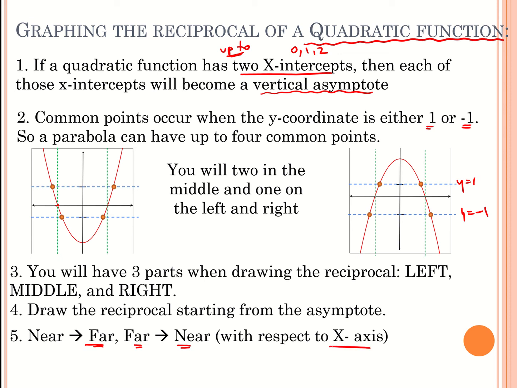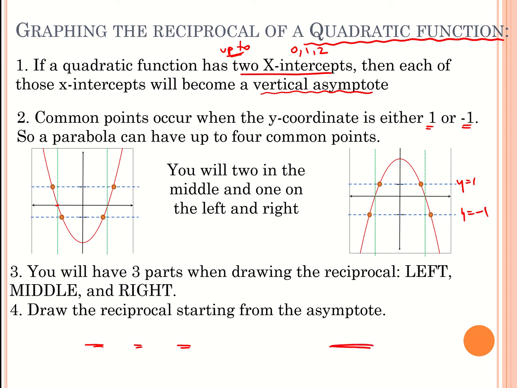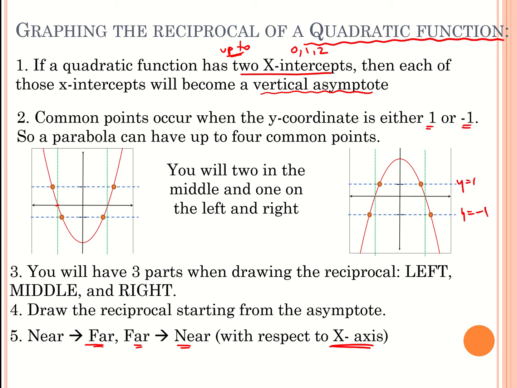And again, remember, it's with respect to the x-axis, okay? So what you end up getting is, you see how the left side here is going really close to the x-axis, and it's going up, it's getting further away from the x-axis. That means the reciprocal is going to come from the top, where it's really far, and it comes down, okay? And it plateaus all the way towards the x-axis. Same thing on the right, graph goes up, so reciprocal comes down.